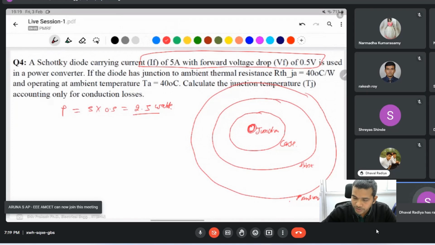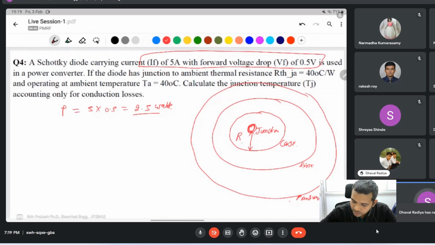In every step there is a thermal resistance between them, which you can call R_JC. Theta also represents the thermal resistance, like theta JC, then theta CS, case to sink, and theta sink to ambient.